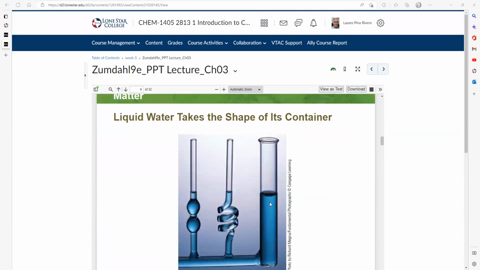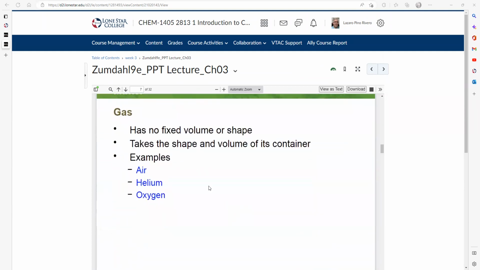As you can see here, the shape of the liquid follows the shape of the container. In the gas state, the gas has no fixed volume or shape. It takes the shape and volume of its container. Examples: air, helium, and oxygen.